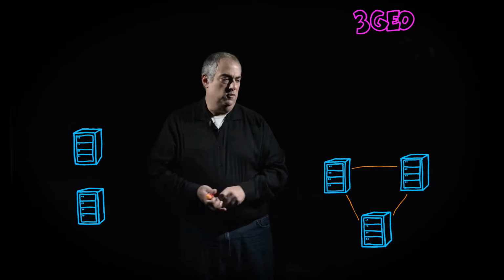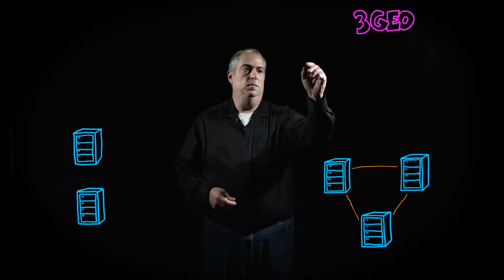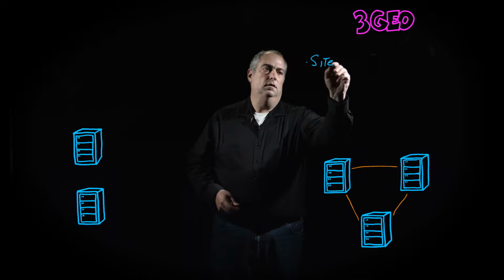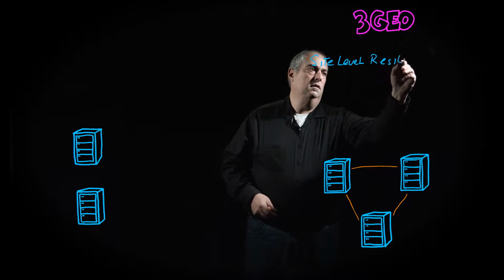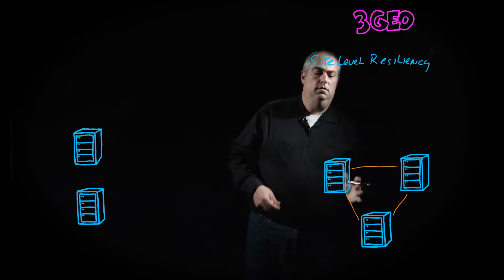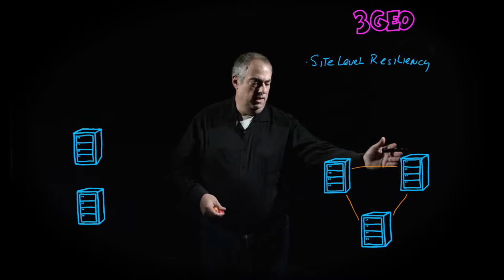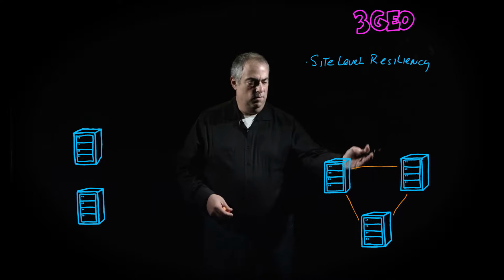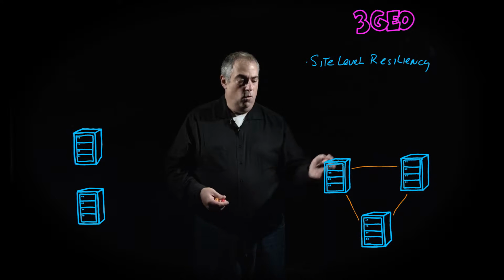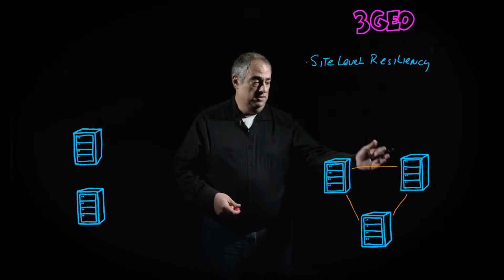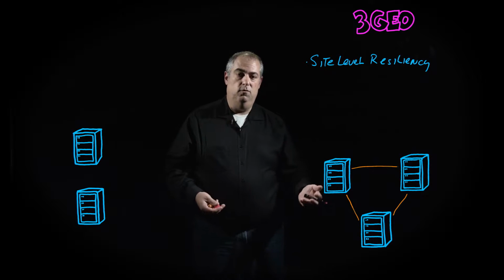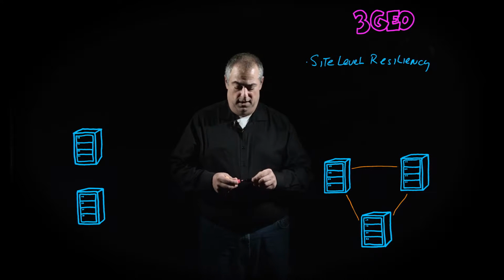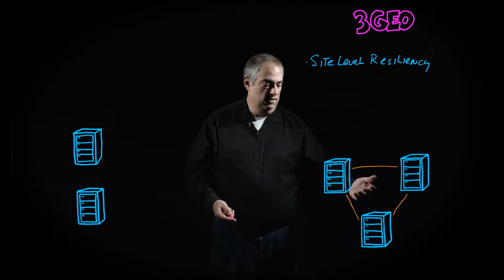The first benefit that this gives us is obviously going to be site level resiliency. And what I mean by that is that you can lose any one of these 3 locations, either because of a network connectivity failure or because of a site failure, and the other 2 systems will continue to function in their full capacity for both read and write in a transparent way for the customers or for your end clients.